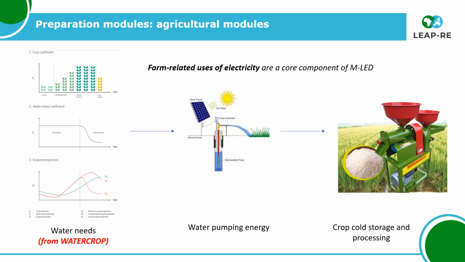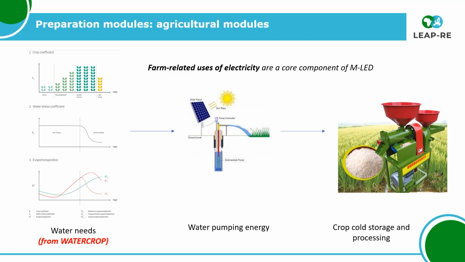When it comes to the agricultural sector, we have three main modules, basically. One module is responsible for reading and processing the water crop output data, which provides the water volume needs in a given area for meeting some irrigation needs. Then we have a water pumping energy module, which simulates the operations of a pump to extract water from surface water or groundwater sources and to distribute it onto the field.